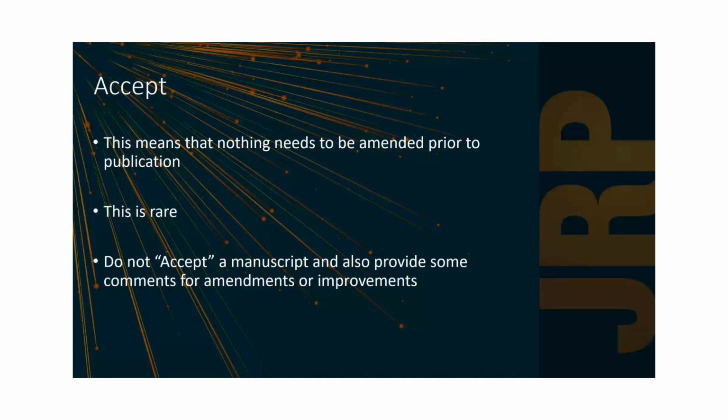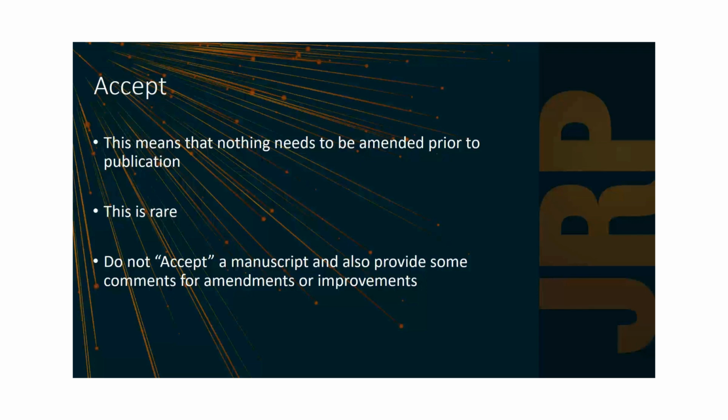Accepts are really rare. They do happen, but what it basically means is that you can't think of anything wrong with this paper, you can't think of any suggestions to improve it. It's great as it is. Okay. Now, we sometimes get a decision that says accept and then a long list of suggestions, and that's not an accept.